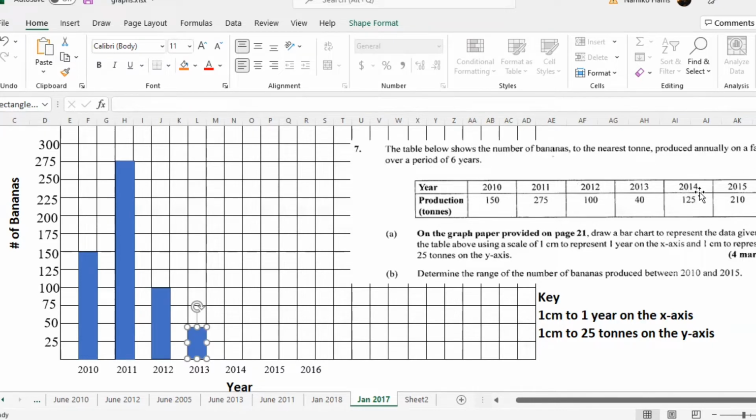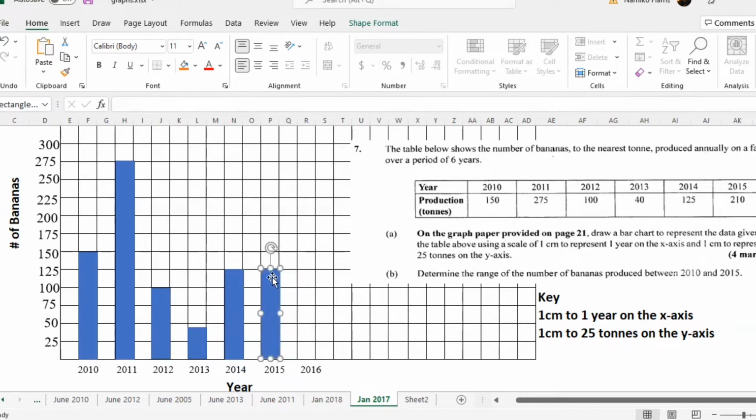So now 2014 is 125. So we're coming over now to 2014. So we have 2014 to 125. So that corresponds with our height. Then we have 2015 to 210.